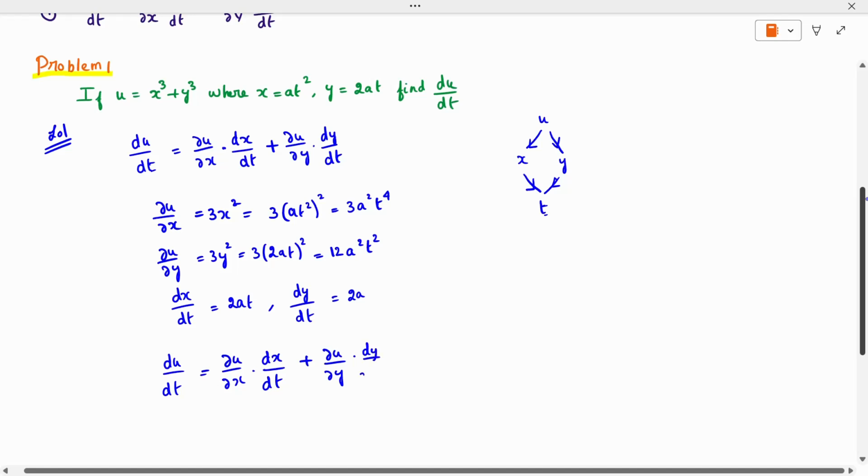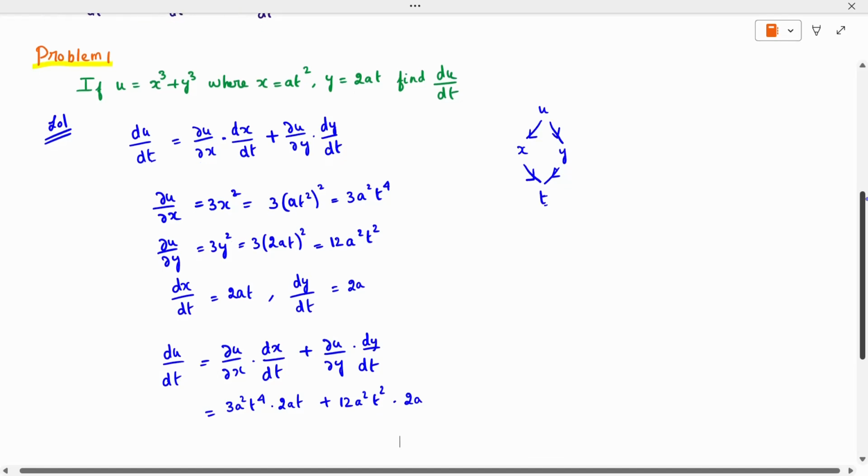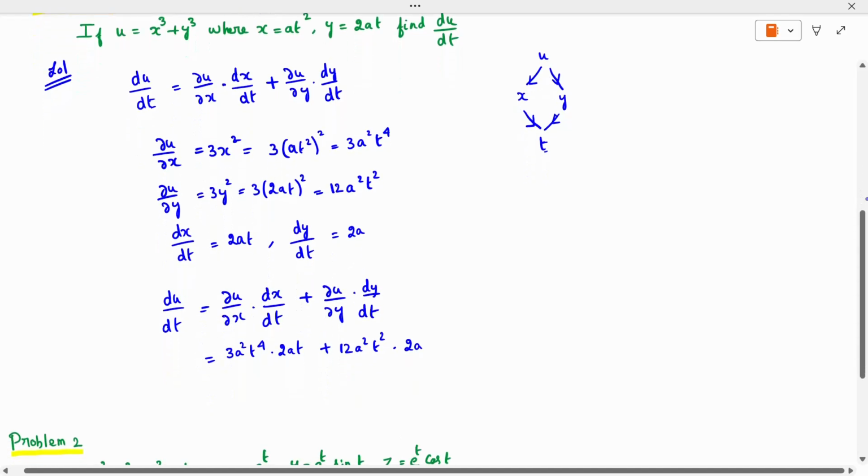Now substitute all four terms in this. So when I substitute, 3a squared t power 4 into 2at plus 12a squared t squared into 2a. Take the common term outside, or multiply.